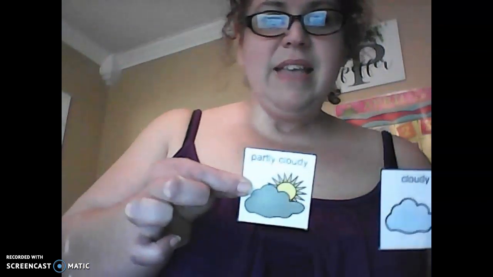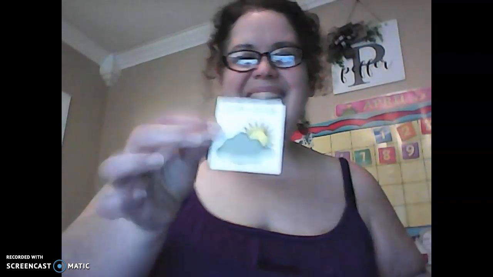So let's look at our two options and figure out which one says partly cloudy. All right, so let's look. Is this partly cloudy? This one here? Or is this one partly cloudy? Which one do you pick? It is this one right here that says partly cloudy.